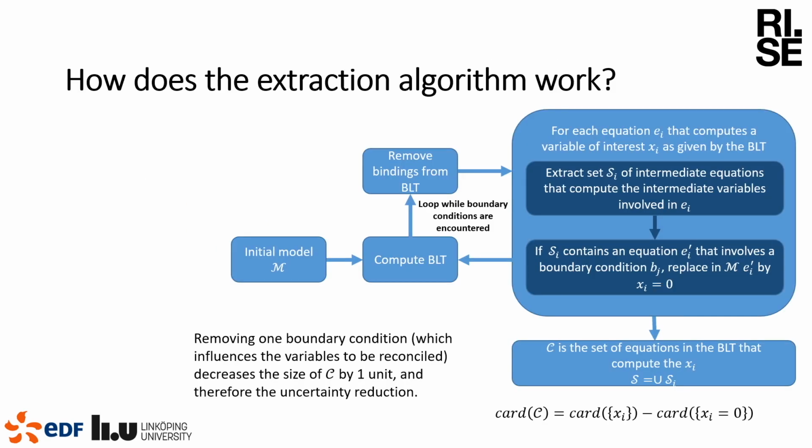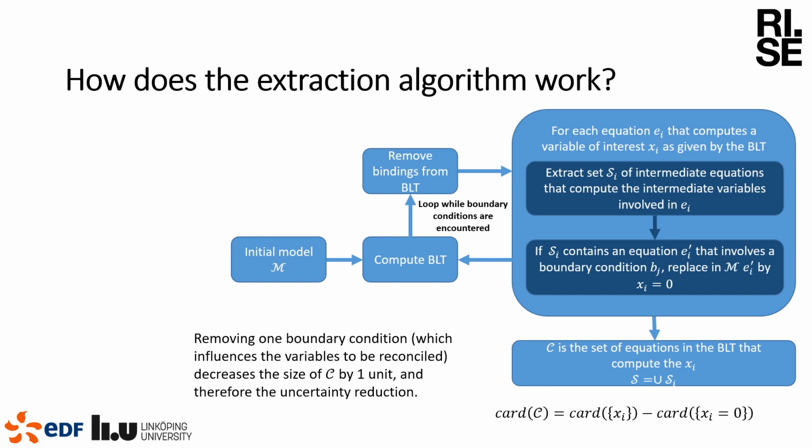How does the extraction algorithm work? After tagging the variables of interest and boundary conditions in the initial Modelica model, we compute the BLT of the model, and then we remove the binding equations from the BLT. The binding equations here are usually the constants or the parameters.